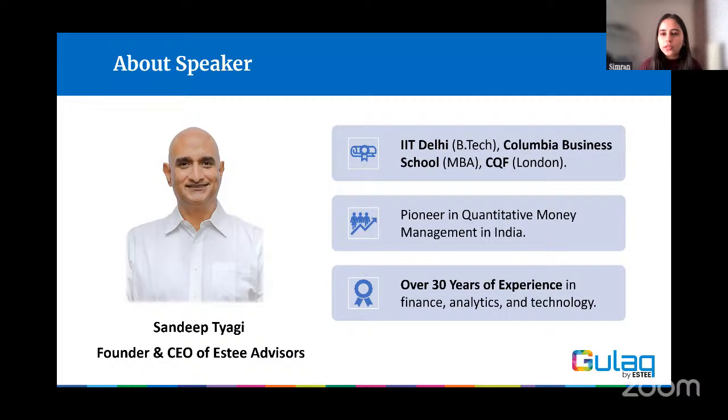Then we will talk a little about our existing portfolios and then move on to the new portfolios, followed by the Q&A. I've already introduced you to Sandeep, but to let you know more about him, he has done his BTech from IIT Delhi and MBA from Columbia Business School. He has an experience of more than 30 years in the industry of finance, analytics, and technology.